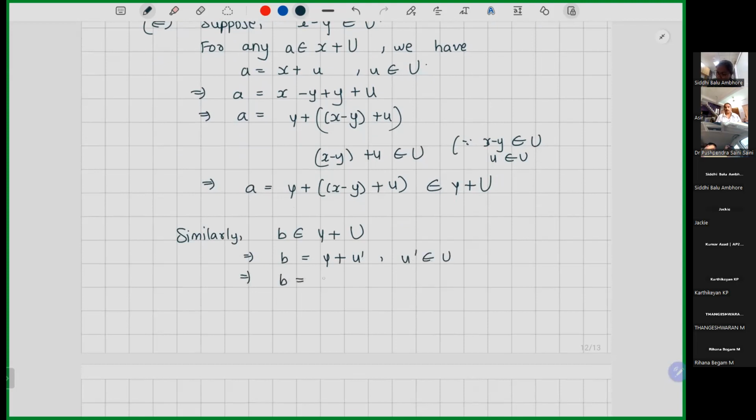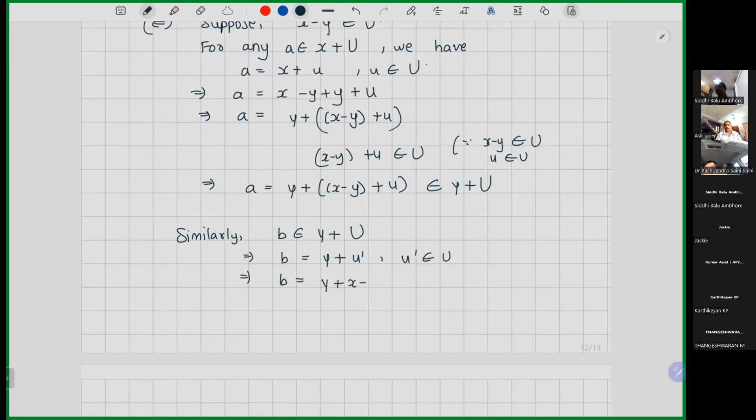Then again, I will do this plus minus x, y plus x minus x plus u dash, and then I can just shuffle and write this as x plus minus x plus y, which is x plus y minus x plus u dash, which is x minus y plus u dash.